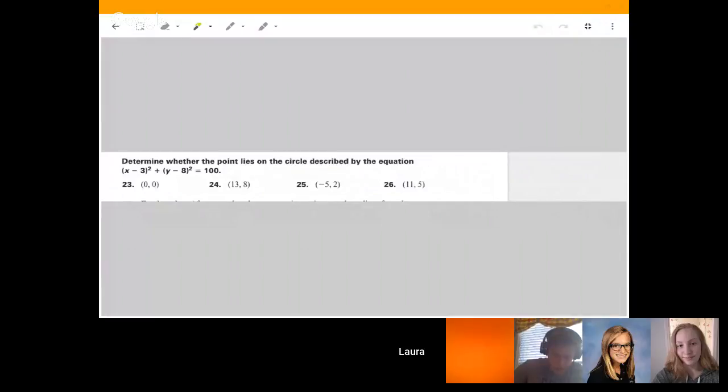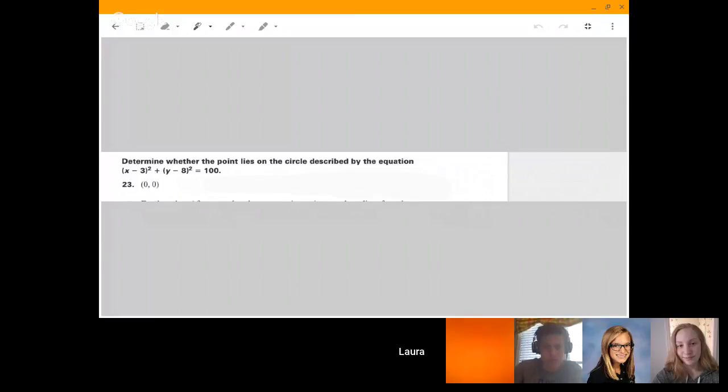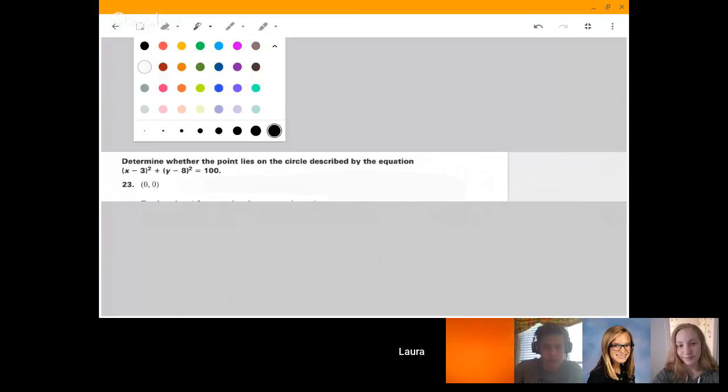All right, 23 through 26. You're testing those points to see if they're on the circle. The way you do that is by plugging those points into the equation they gave you to see if it makes it true. So, for instance, for number 23, let me get some room so I can write that one.